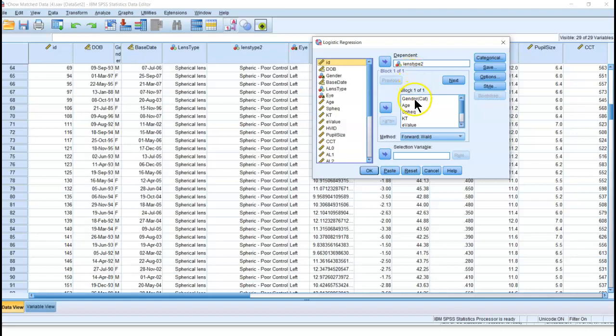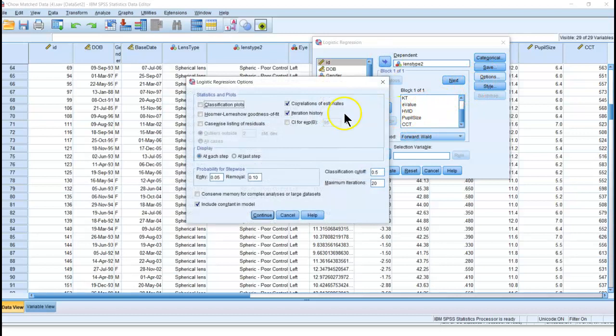And then we have our baseline variables: gender, age, spherical equivalent, keratometry, eccentricity, horizontal visible iris diameter, pupil size, central corneal thickness.